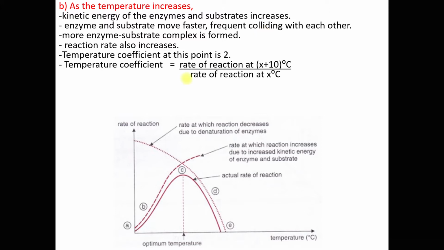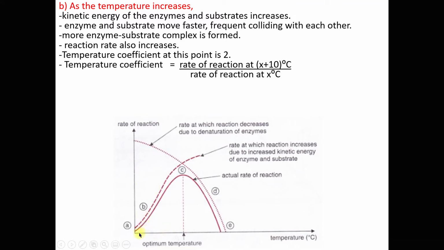When enzyme collides with substrate, the enzyme will bind with the substrate at the enzyme's active site. When that happens, more enzyme substrate complex is formed. So when we have more enzyme substrate complex, the reaction rate or velocity also increases. That's why the velocity increases here when the temperature is increased.